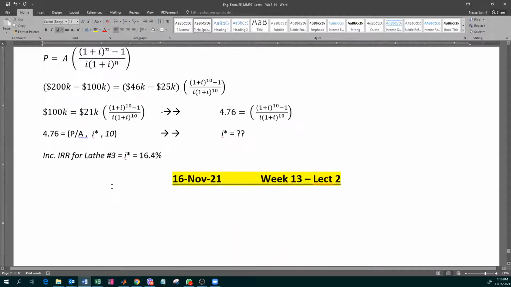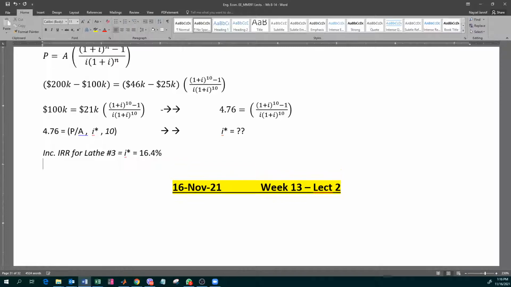All right. Let's now look at lathe 3. For lathe number 3, 16.4% is greater than our MARR of 15%. Basically, this means that lathe 3 is meeting minimum company requirements.